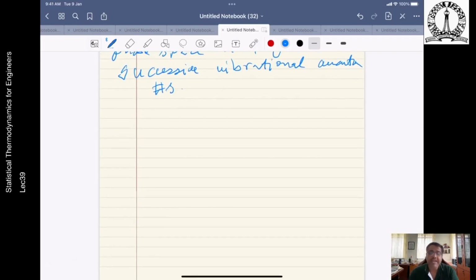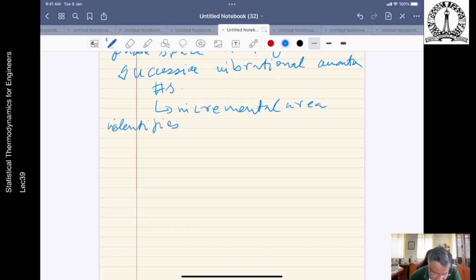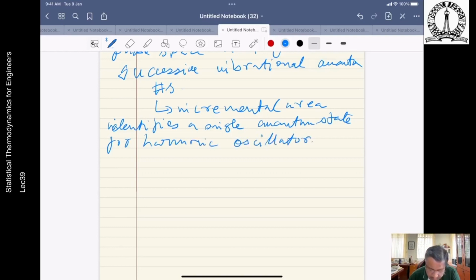This incremental area identifies a single quantum state for the harmonic oscillator.